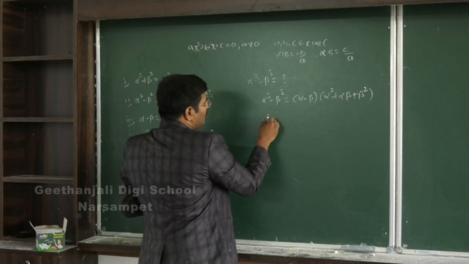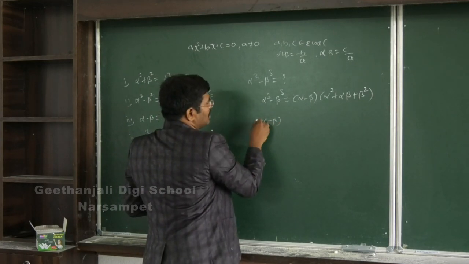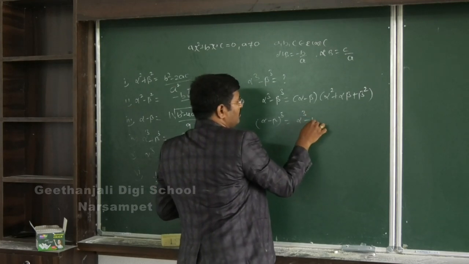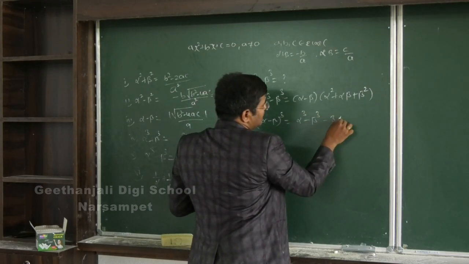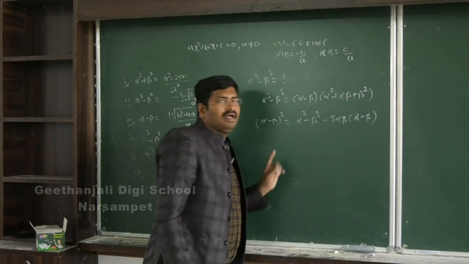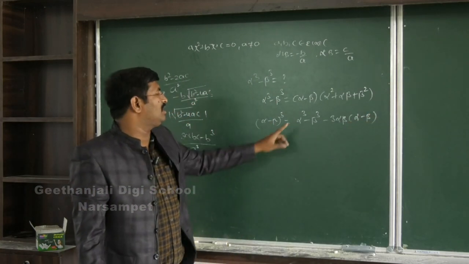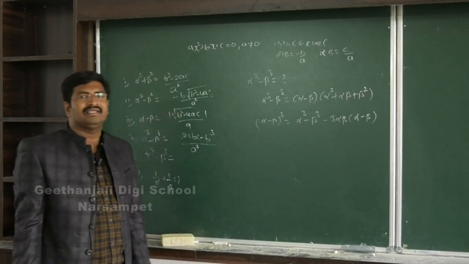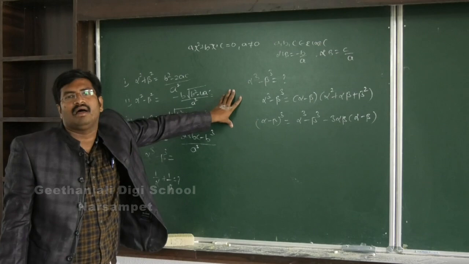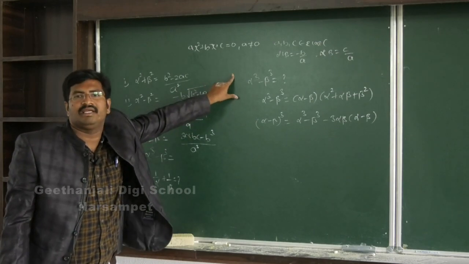Otherwise, by using alpha minus beta whole cube, alpha minus beta whole cube is equal to alpha cube minus beta cube minus 3 alpha beta of alpha minus beta. By using any one of the formulas, you can find the alpha cube minus beta cube.